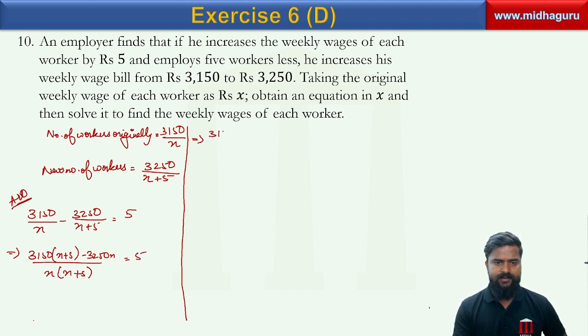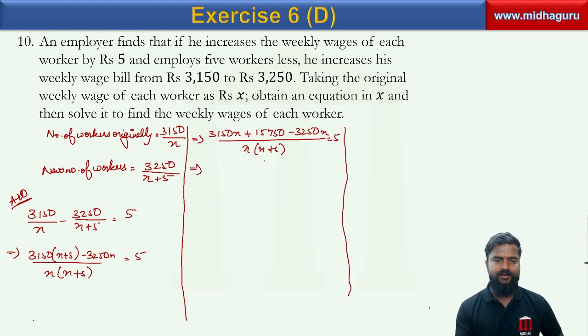So the equation we'll have is 3150x plus 15,750 minus 3250x by x into x plus 5, which is still equal to 5.